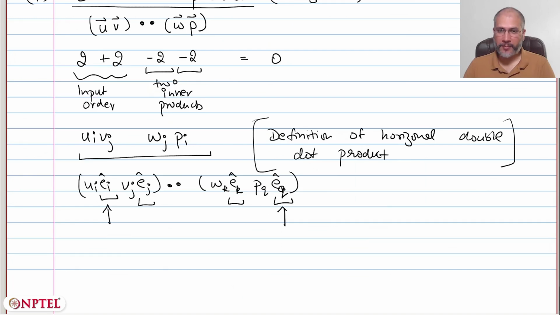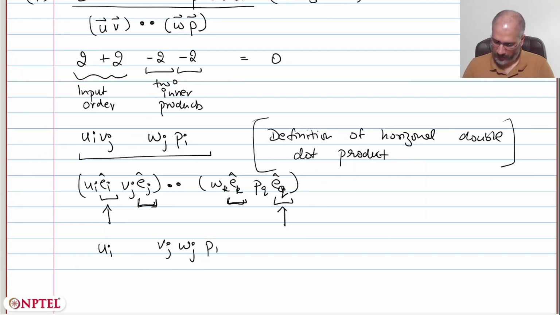So when you do that, I'll write it very quickly. When you do a dot product between EJ and EK, all you end up with is a VJ WJ. And when you do a dot product between EI and EQ, you end up with a UI PI. So I just move this PI here just to maintain the same ordering.